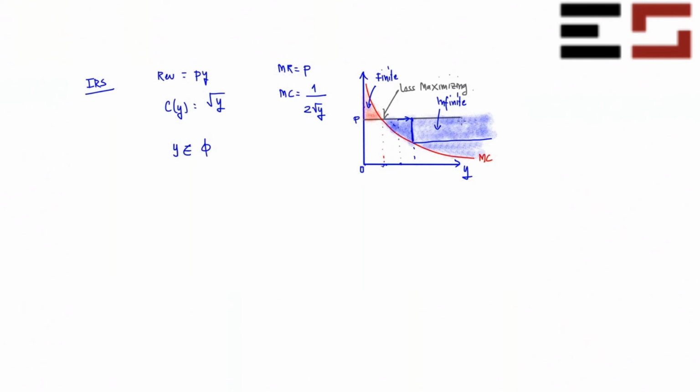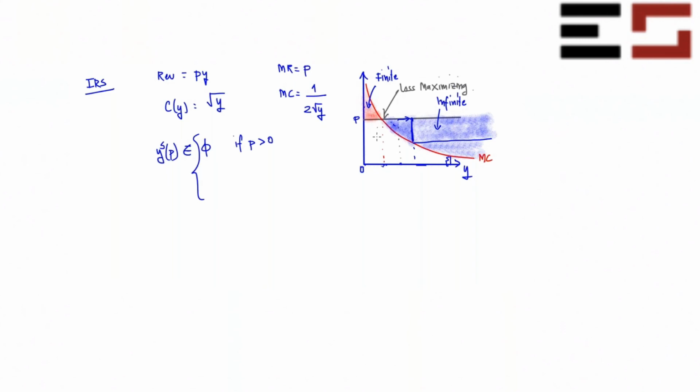Notice that this is true for all P positive. So you can say that Y as a function of P, with an S over here, belongs to an empty set if P is positive. The reason is that this marginal cost is becoming asymptotic to the horizontal axis. So the distance between the marginal cost and the horizontal axis goes to 0.